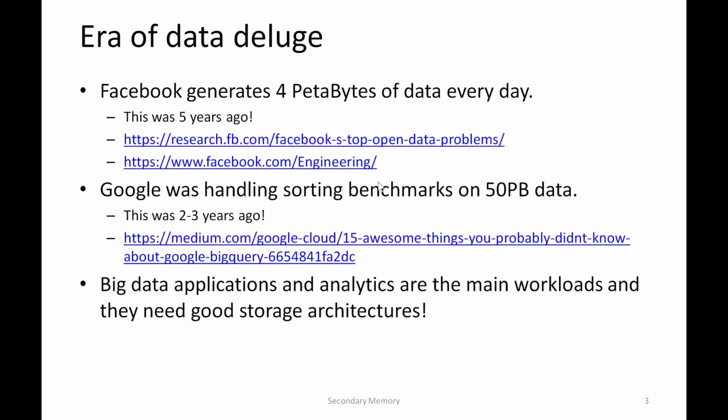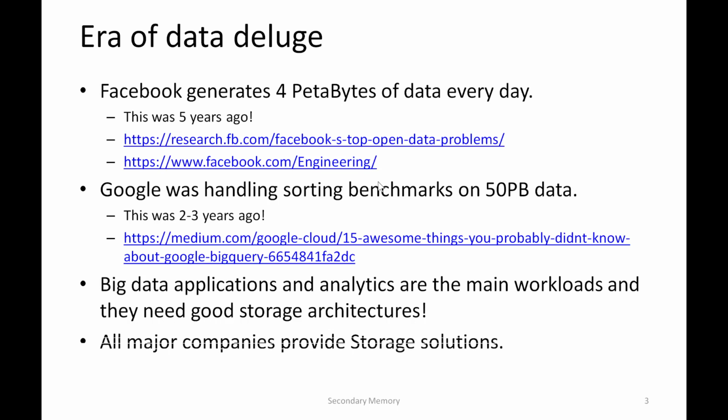So I guess that is good enough introduction on why we need to look at the storage architectures. Accordingly, many companies found that providing good storage solutions is a good revenue generation point. You can find that many of the popular companies give these solutions, right from Amazon or Google, to processor companies like IBM, Intel, Micron.